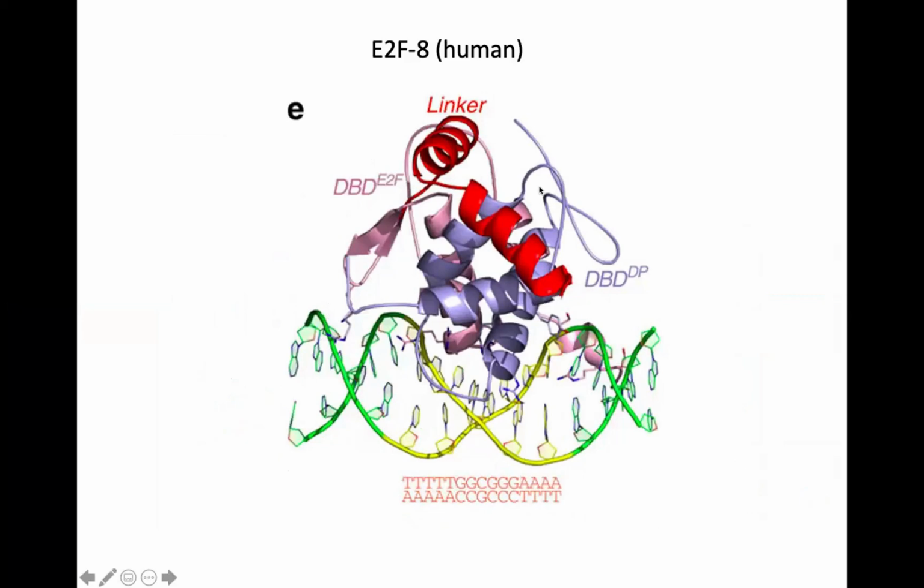The transcription factor can be one protein or a complex of proteins, like for instance AP1, which is in fact a complex of two proteins, c-Jun and c-Fos. A very tight complex, and they act as one transcription factor. But most often this is just one protein, and that protein has a DNA binding domain, which means the place in that protein's 3D structure which in fact touches the DNA and binds to it.